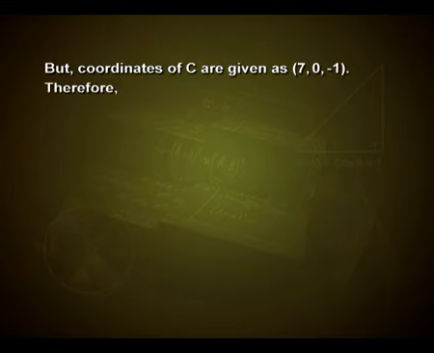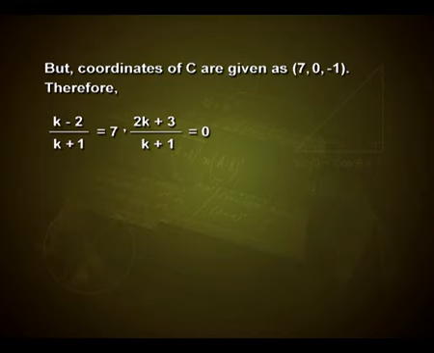Therefore, we can equate them and obtain (k minus 2) upon (k plus 1) is equal to 7. Similarly, (2k plus 3) upon (k plus 1) can be equated to 0 and (3k plus 5) upon (k plus 1) can be equated to negative 1.